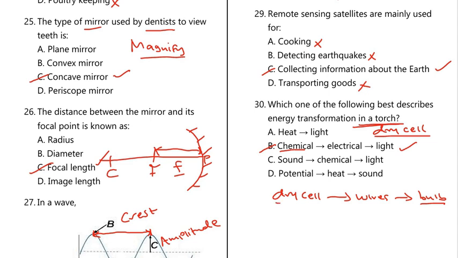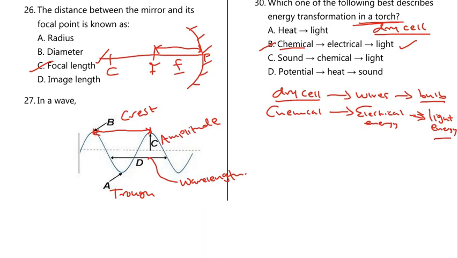In the dry cell, chemical energy is transformed to electrical energy. As charges flow through the wire, we have electrical energy. Then for the bulb to light, we have light energy. And then we can have heat energy, as the bulb will heat after some time.